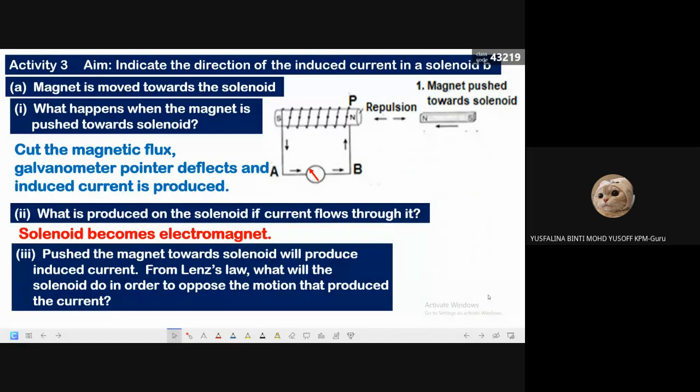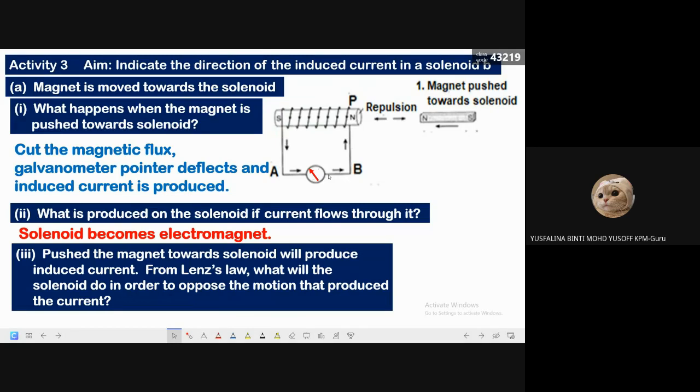The next one: indicate the direction of the induced current in the solenoid. The magnet is moved towards the solenoid. So when it moves towards, as I discussed just now, it will repel, so it has to be the same pole. Of course you can use the right hand grip rule.